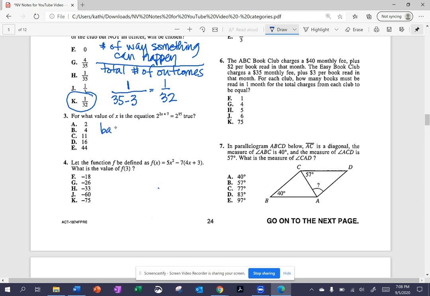So I can solve my equation 2x plus 7 equals 15. If I subtract 7 from both sides, I get 2x equals 8 and x equals 4.